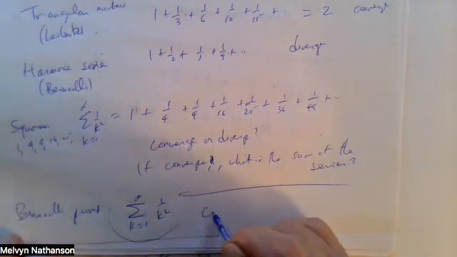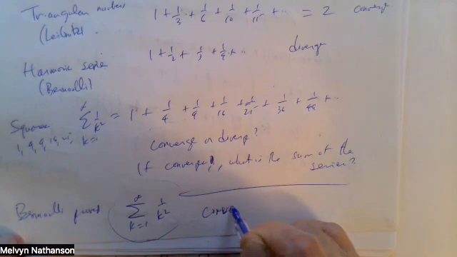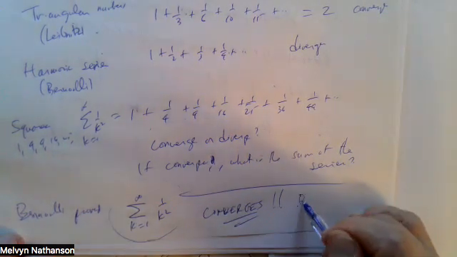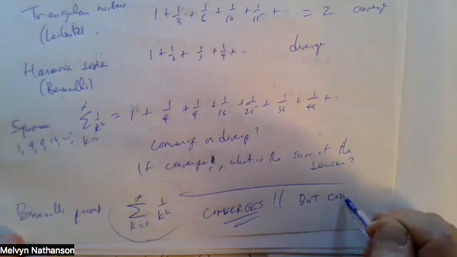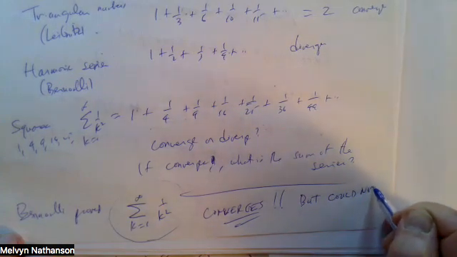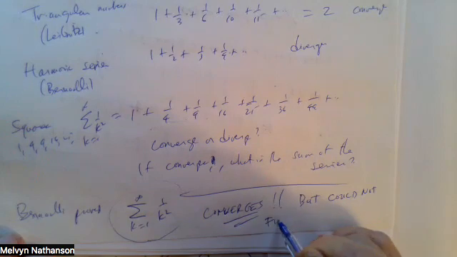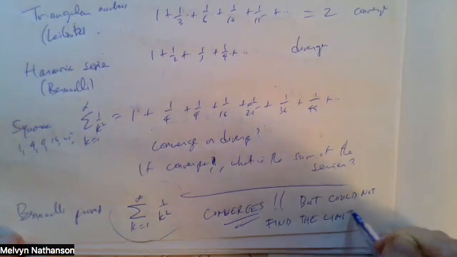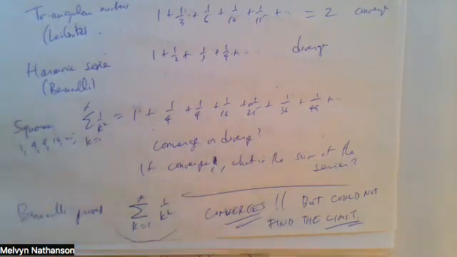Bernoulli proved this series converges, but could not find the limit. So this is interesting because you would think if you can prove the convergence, you would know what the terms add up to.